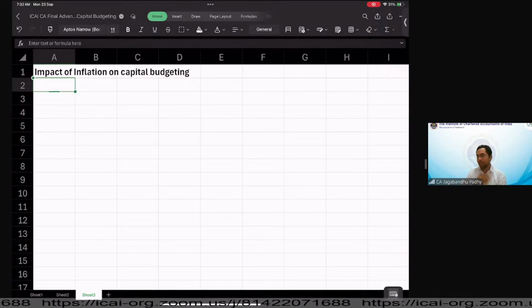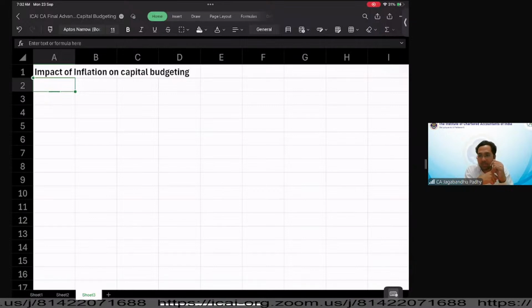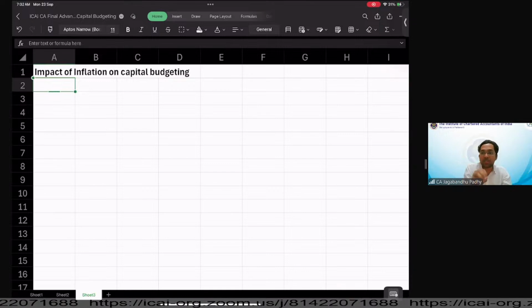We are going to be affected to some extent by inflation, right? So what do we really mean by inflation? Inflation means a rise in the price level of commodities. In high funda language, inflation reduces the purchasing power of our money.